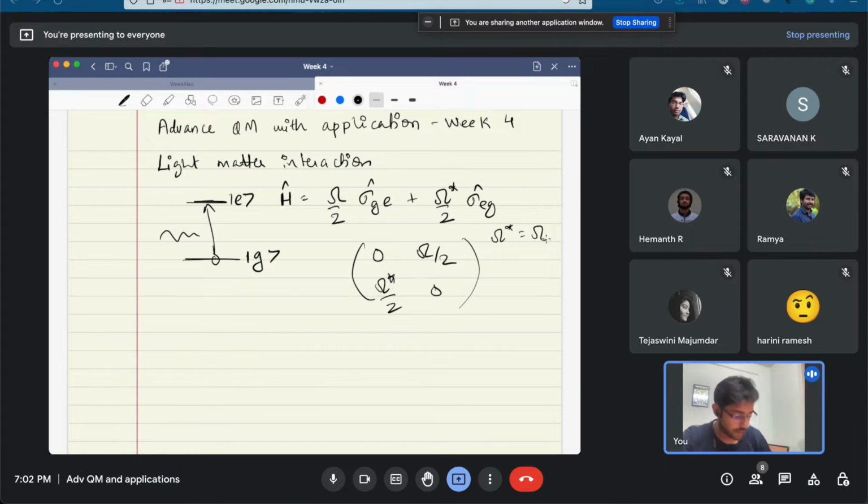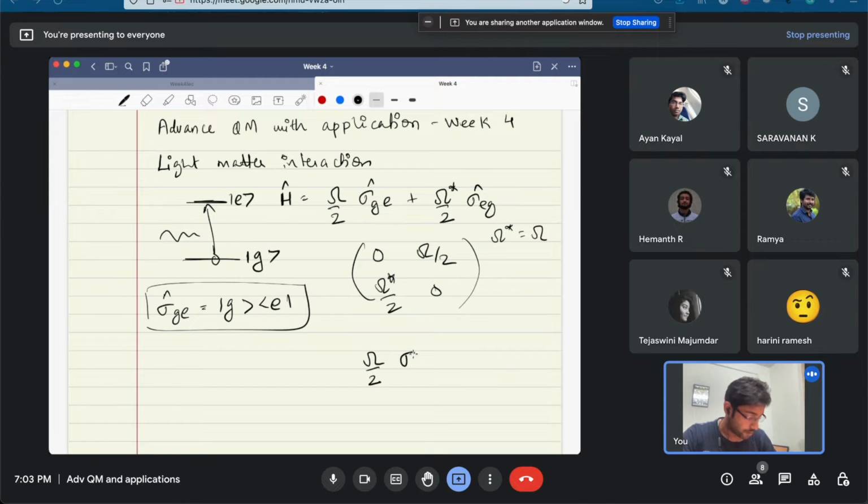Now this sigma GE is actually a density operator type thing. It's ket G bra E. This is the definition of sigma GE, and this is a similar Hamiltonian to what you might have seen for NMR. In NMR, you can write it in the form of omega by 2 sigma x. Now this omega is called the Rabi frequency.